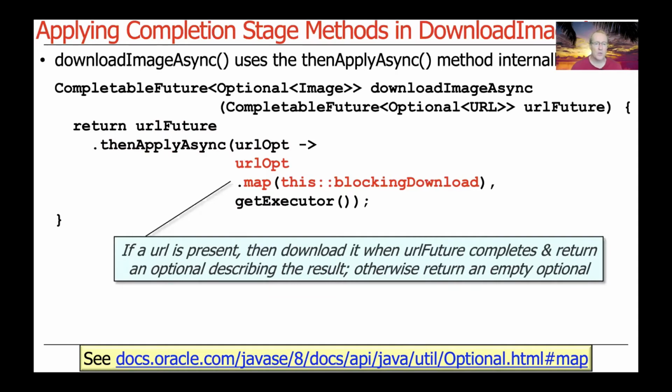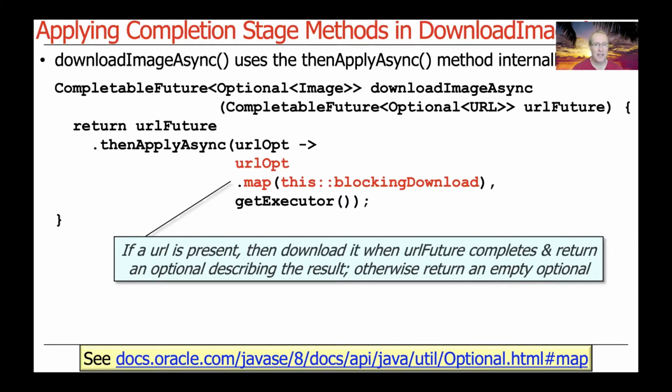So it's going to use the map method on the optional. So optionals have a method called map. And the method on map is pretty cool on an optional. What happens here is you pass in some kind of behavior, which in this case is blocking download. It's a method reference.